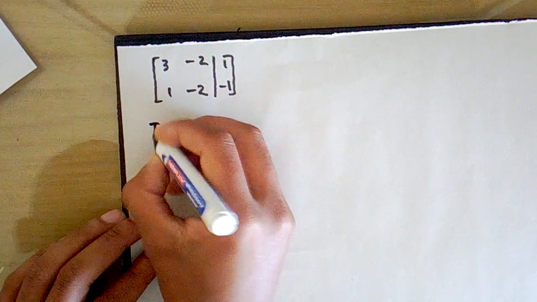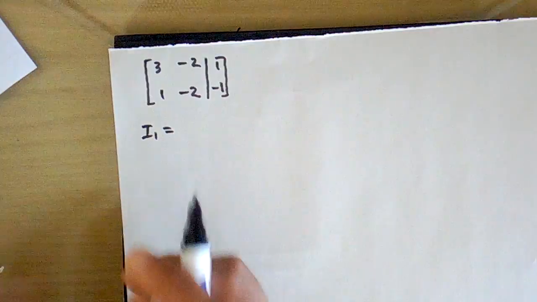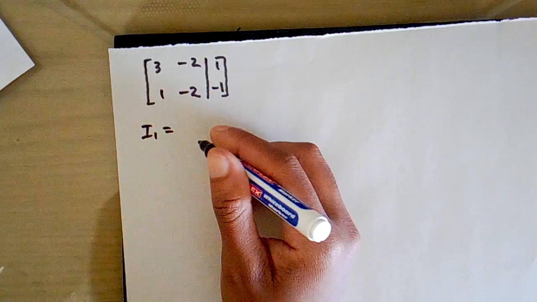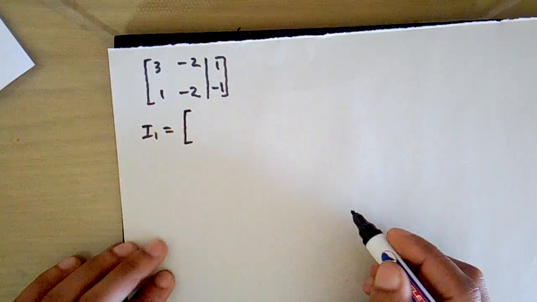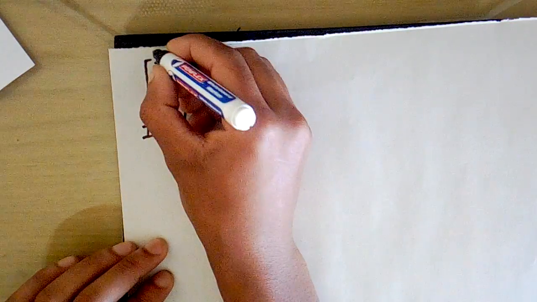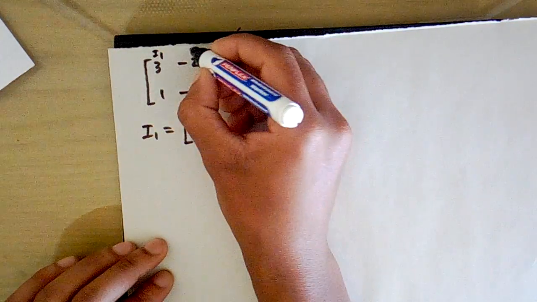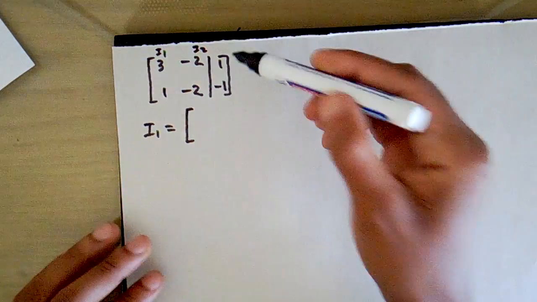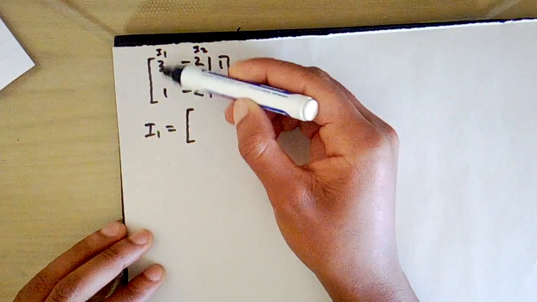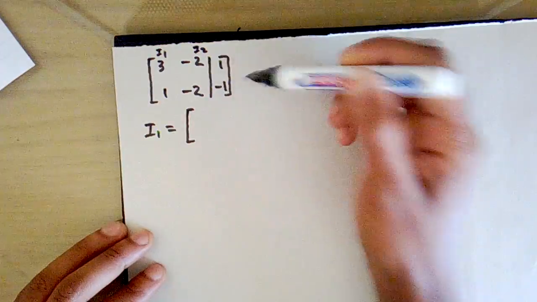Our I1 equals, when you want to find I1, this will be our I1 column and this will be our I2 column. So you're going to replace the I1 column with the constants column.